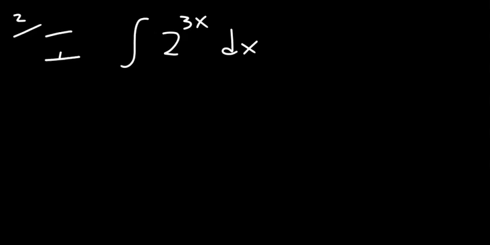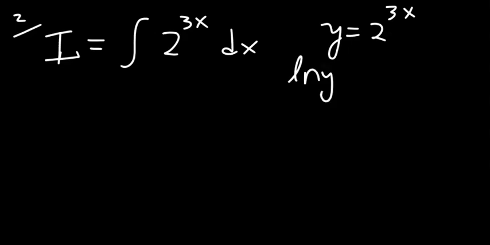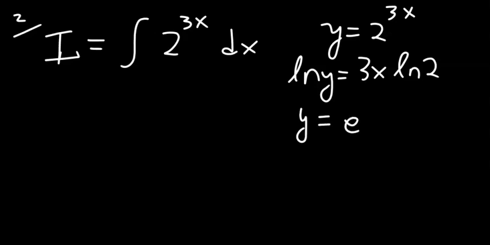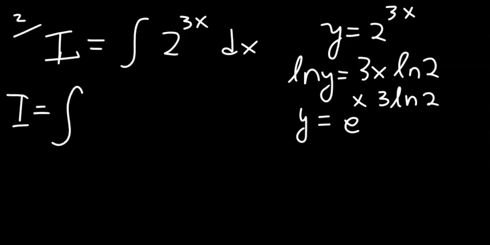Now let's look at this integral, similar to the one that we did before. So again, let's assume y is 2 to the power 3x, so natural log of y is just 3x times natural log of 2. So y is just e to the power x times 3 natural log of 2. And we can write the above integral in that new form, e to the power x times 3 times natural log of 2 dx.